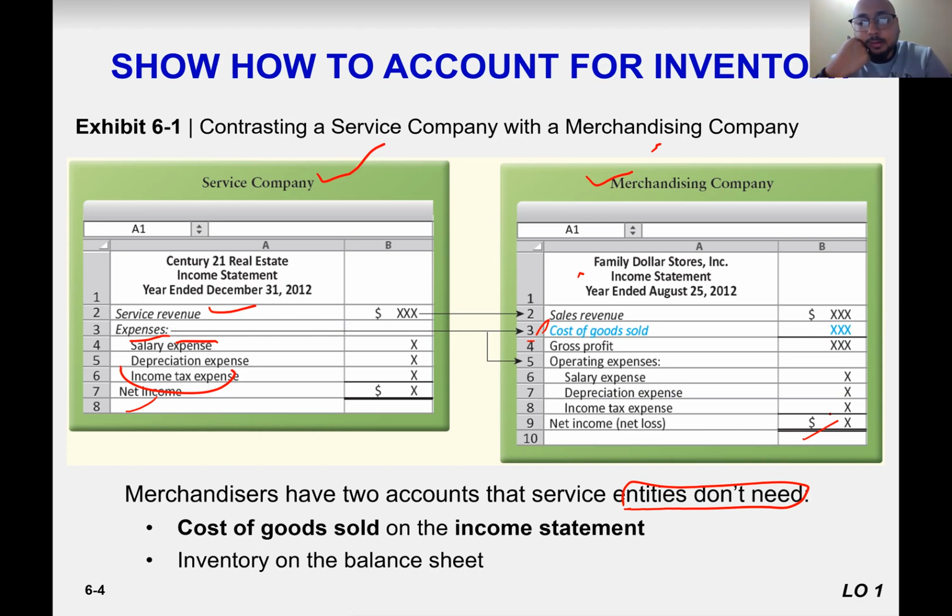We are learning this chapter from the perspective of a merchandising company, because inventory is only present in merchandising companies. Banks, hospitals, and teaching institutions don't have inventory. They have inventories as supplies, furniture, and fixtures, but not for sale, because they are selling their services, like beauty salons and this kind of stuff. So in a merchandiser's income statement, we have an extra account, which is cost of goods sold.